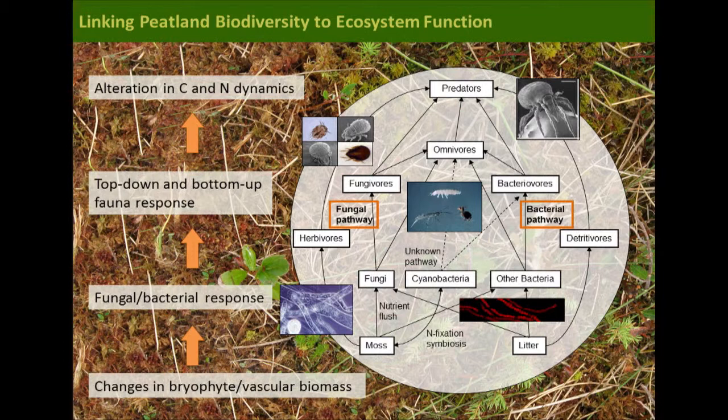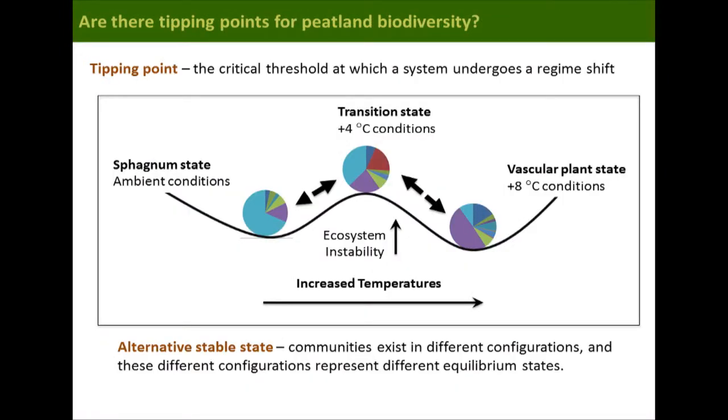But there's a subtler story here as well. Or maybe it's actually the elephant in the room, and that's this repeated observation in our temperature treatments, the difference between elevated temperatures of +4 degrees above ambient conditions versus +8 degrees. In all cases, we found that elevating temperatures by +4 was not significantly different from the ambient conditions.